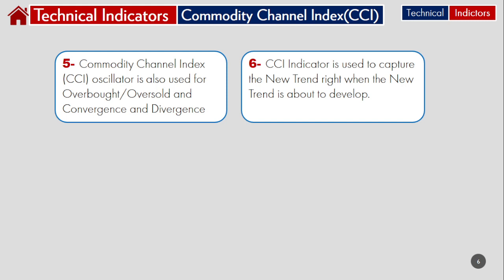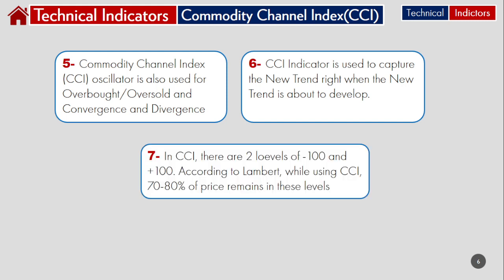That's where Commodity Channel Index comes into play. That's why CCI is important. In CCI there are two levels of minus 100 and plus 100 according to Lambert. While using CCI, 70 to 80% of price remains in these levels.